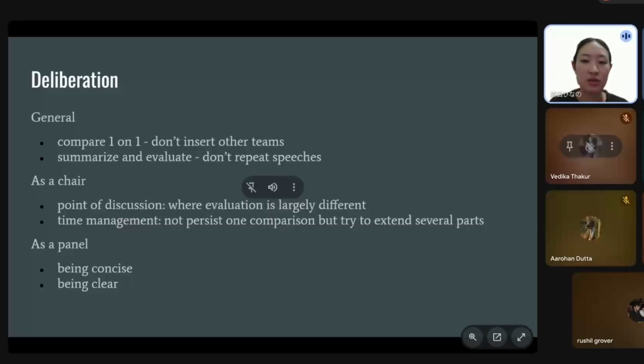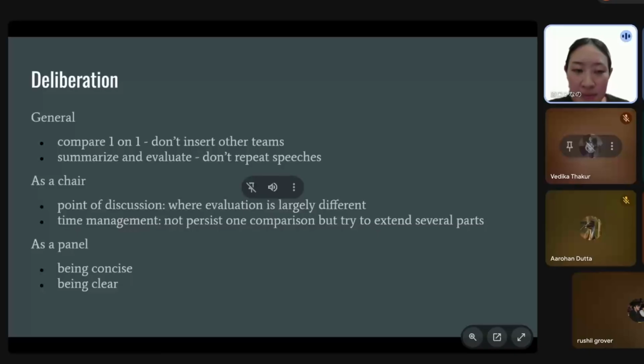So when deliberation happens, you basically explain the one-on-one comparison. The second thing is about summarizing and evaluating. Some judges will just repeat the speeches of the speakers, like they said blah blah blah, and then they said blah blah blah.